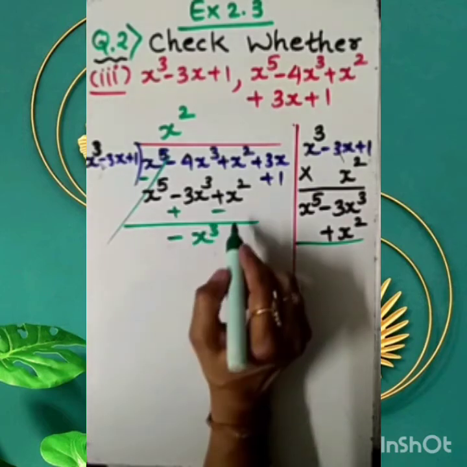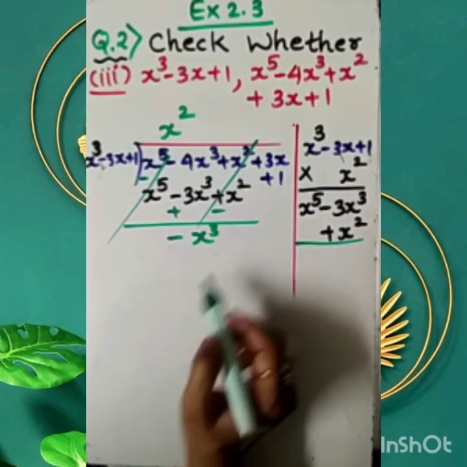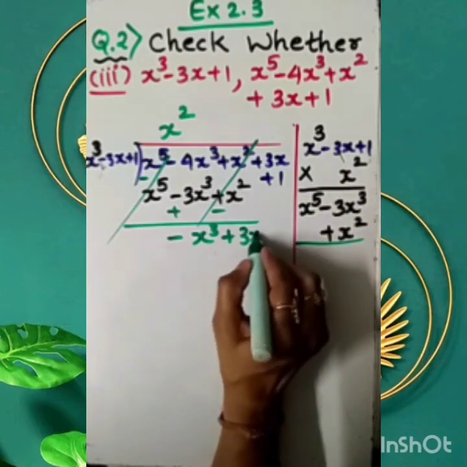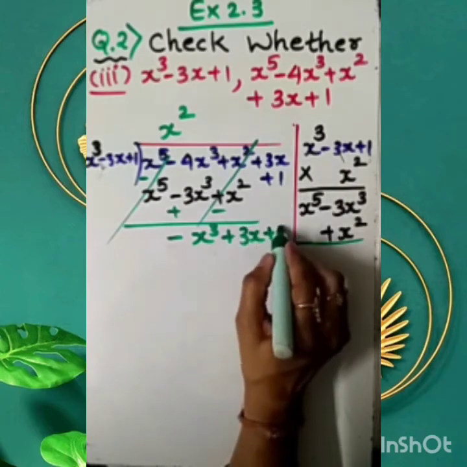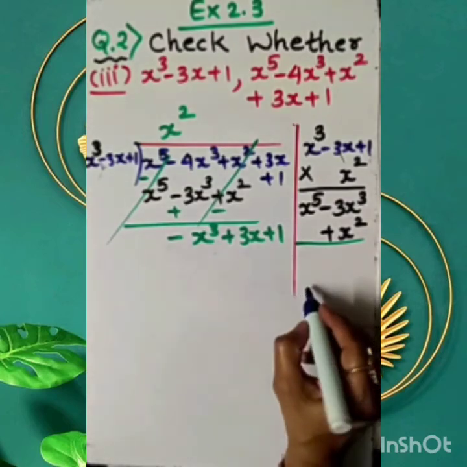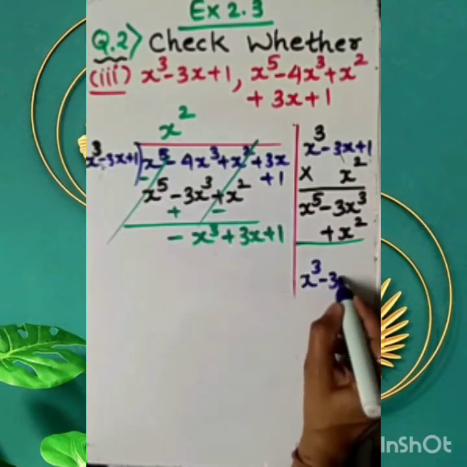Please remember. Then plus x square minus x square cancel, opposite sign. So let me bring this 3x down, and of course this plus 1 also down.